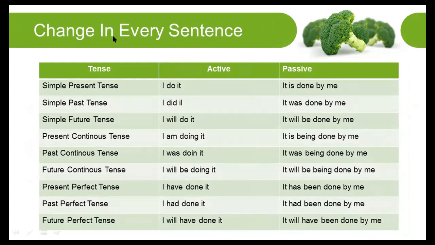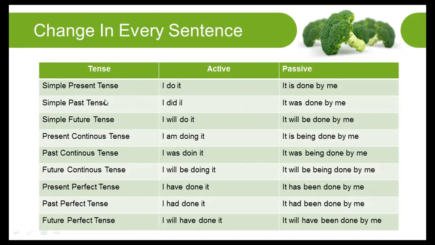I have 9 tenses: simple present tense, simple past tense, simple future tense, present continuous tense, past continuous tense, future continuous tense, present perfect tense, past perfect tense, and future perfect tense. These nine tenses, this is how we change the sentence.